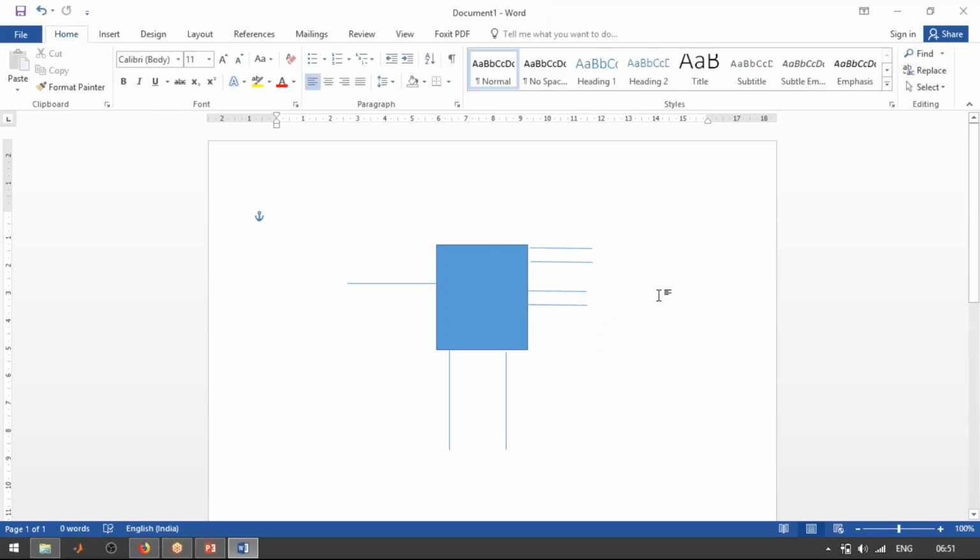The input is always connected to any of the outputs. Only the selection line changes. So for example, if it is 0 0, then this input will be connected to this output, and if it is 0 1, then it is connected to this one, and if it is 1 0, then this input is connected here, and if it is 1 1, then this input is connected here.